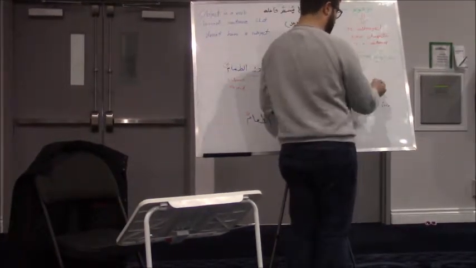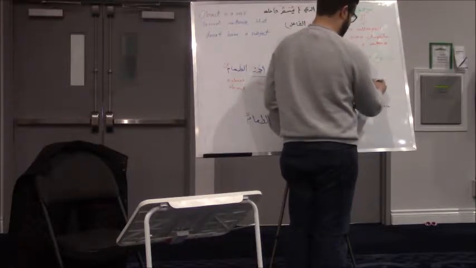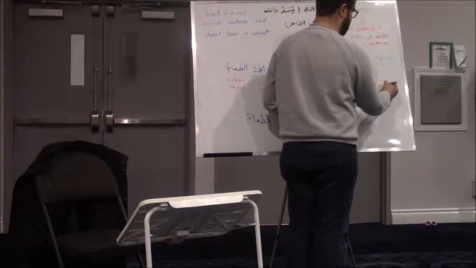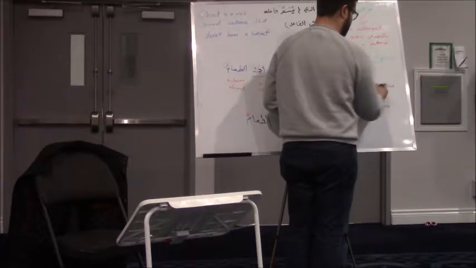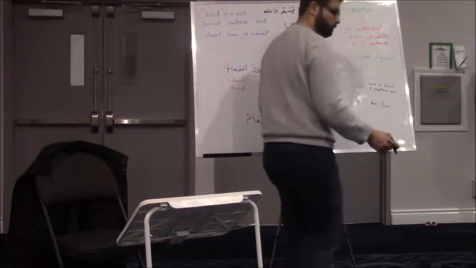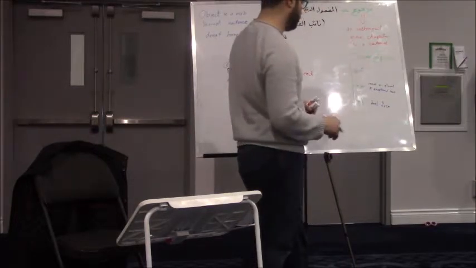You're catching on. Wow, what do we have? We have the sound masculine plural. And then we have the 5 exceptional nouns that you mentioned. Abu, akhu, hamu, dhu, fu, right? Abu, akhu, hamu, dhu, fu.